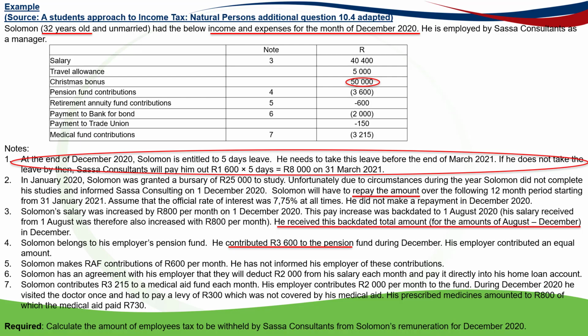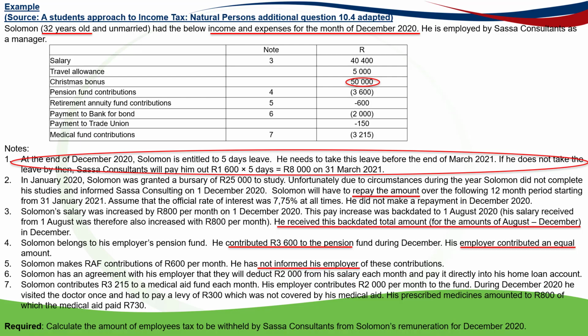Solomon contributed to a pension fund, and this is an allowable deduction that should be considered in calculating the balance of remuneration. His employer contributed towards the pension fund as well on his behalf, which is a taxable fringe benefit and therefore will be included in remuneration.